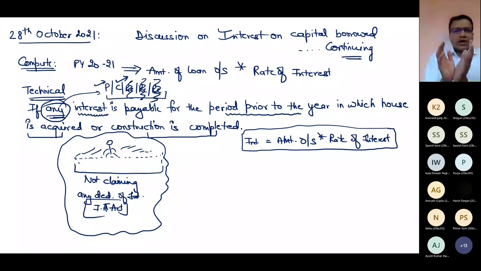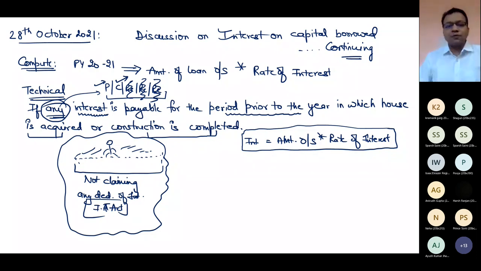The moment your house is acquired, or the year in which you acquired or constructed the house, you completed your construction, there is no problem. Because for that year and for subsequent years, you can compute annual value every year, and if you can compute annual value, you will deduct interest. What about the interest of the period before the year in which I acquired the house or completed the construction?